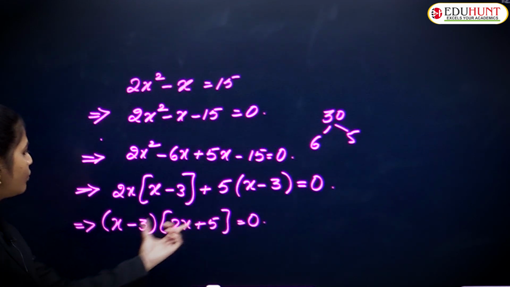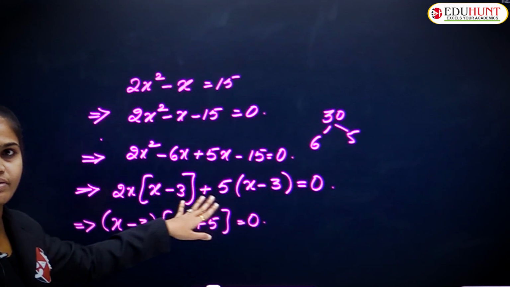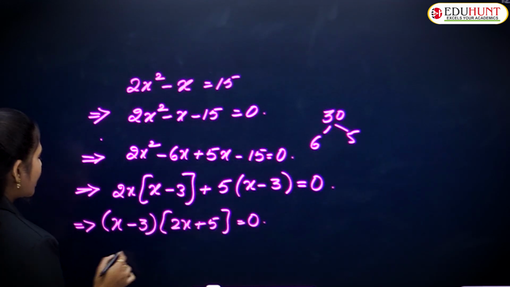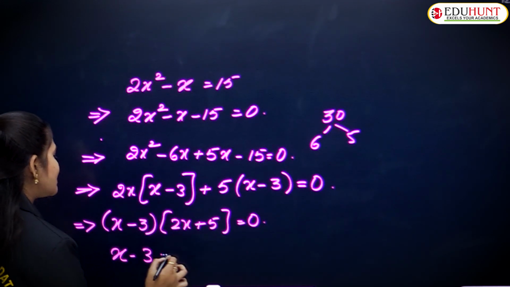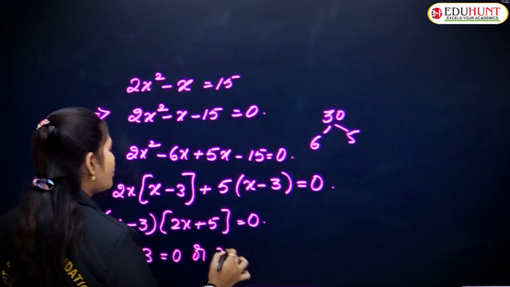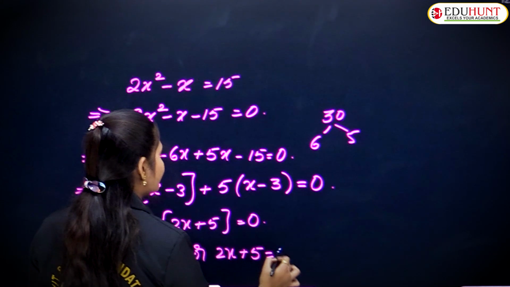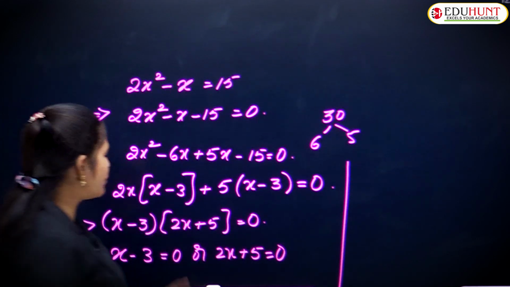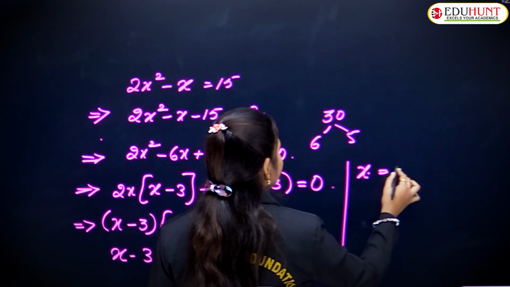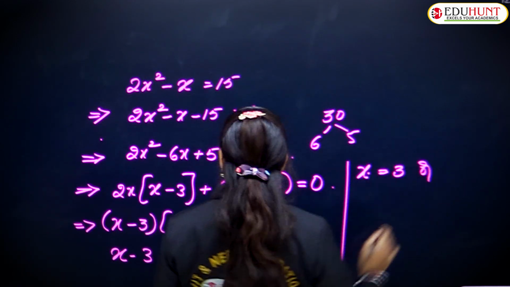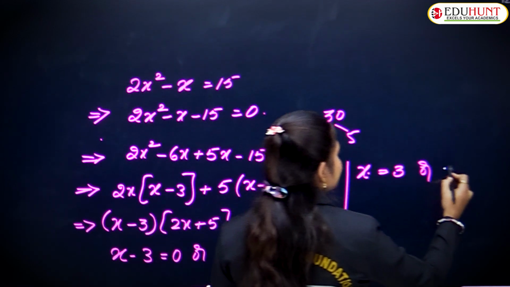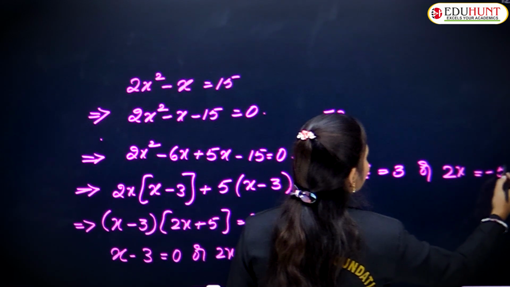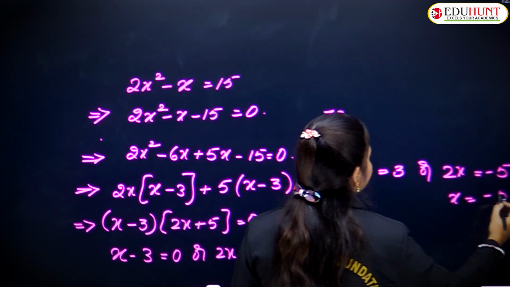The product of two values is equal to 0 means any one of the values should be equal to 0. So either x minus 3 is equal to 0 or 2x plus 5 is equal to 0. So x is equal to 3, or 2x is equal to minus 5, so x is equal to minus 5 by 2.